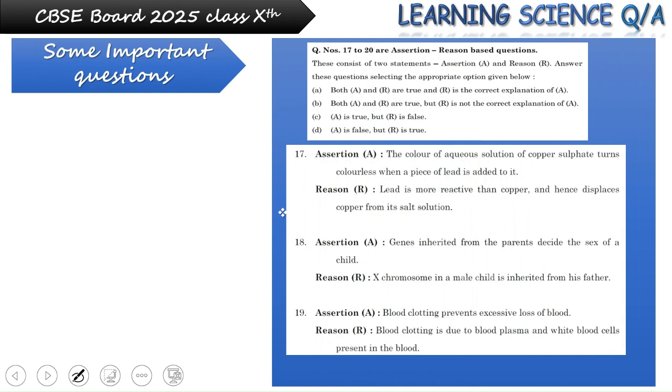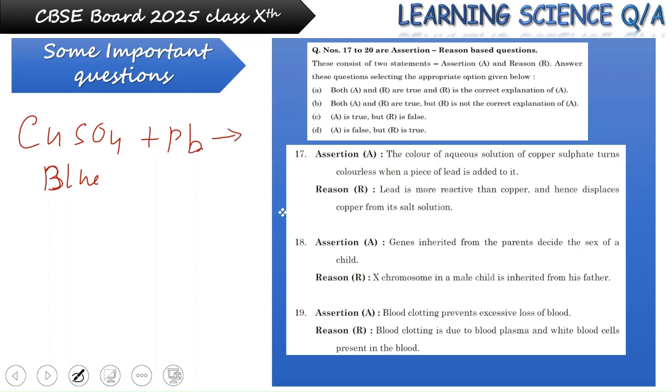The first question here says the aqueous solution of copper sulfate turns colorless when a piece of lead is added to it. We have aqueous solution of copper sulfate, which is actually blue in color. Beautiful blue color is there, and they are saying that this turns colorless or it fades when a piece of lead is added to it.